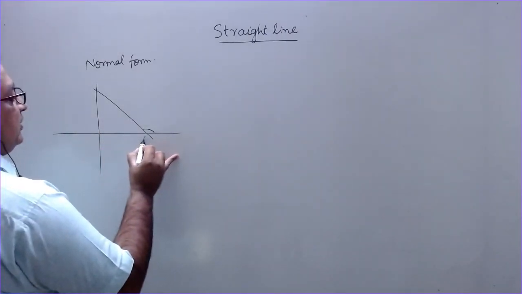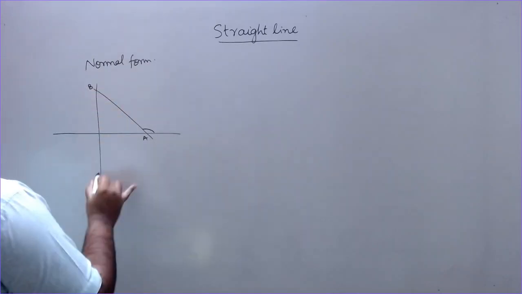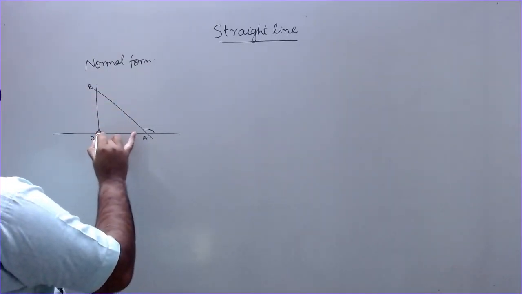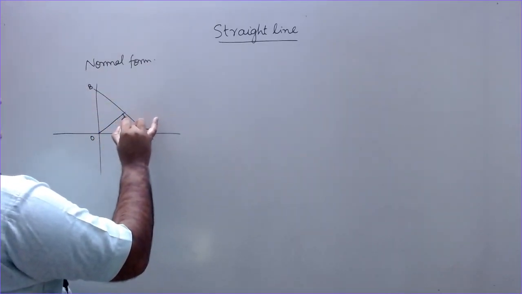Now what we do here is, this point is A, this point is B. From the origin, drop a perpendicular on the straight line. This angle is 90 degrees.